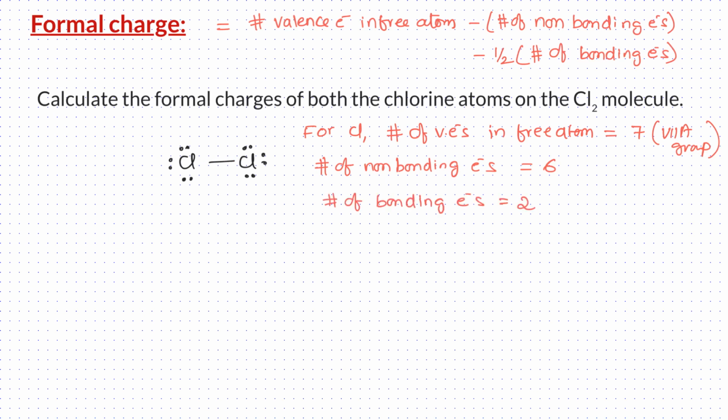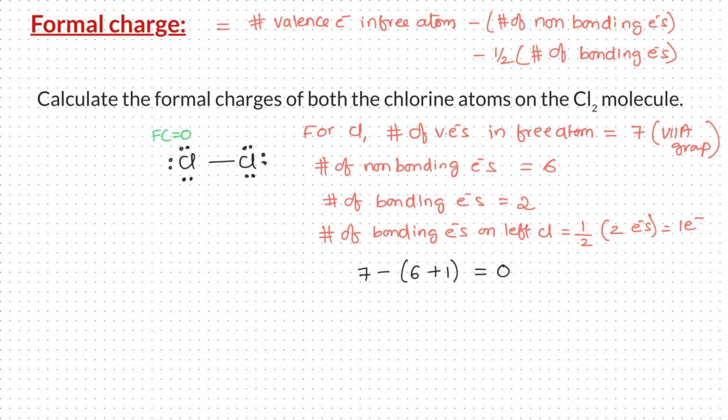Since we are assuming that all the covalent bonds are equally shared, the number of electrons the left chlorine atom gets is equal to half of the total number of bonding electrons. That is, half of 2, which equals 1. So overall, it is 7 minus 6 plus 1, which comes out to be 0. And we can do the same thing for chlorine on the right. It also comes out to be 7 minus 6 plus 1, that's 0.